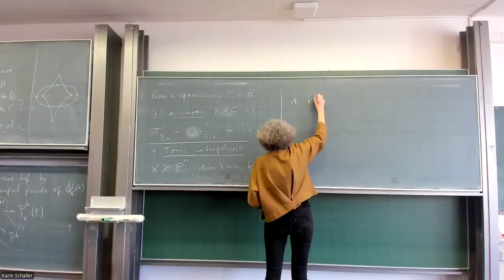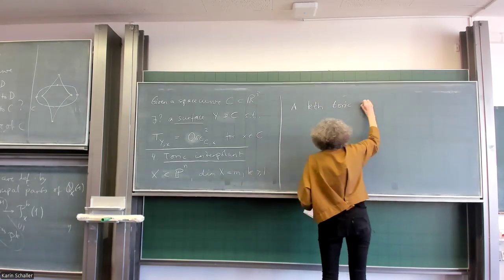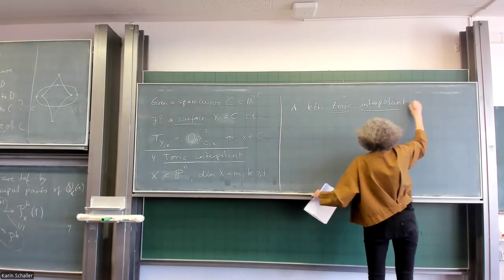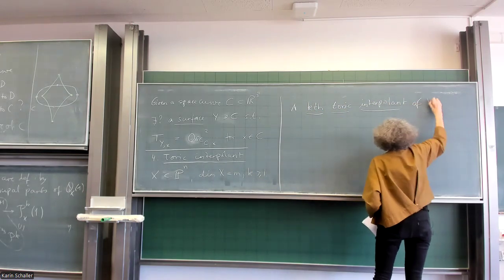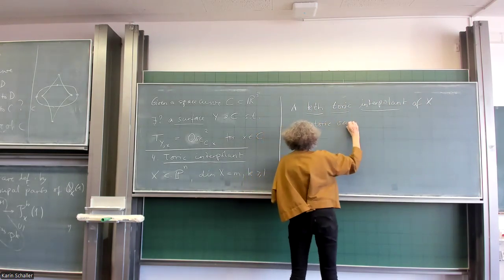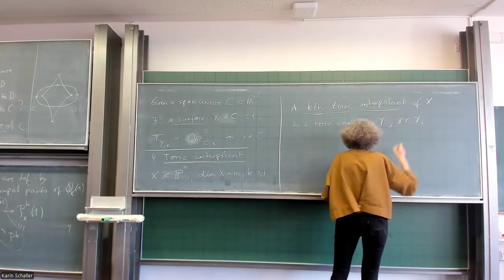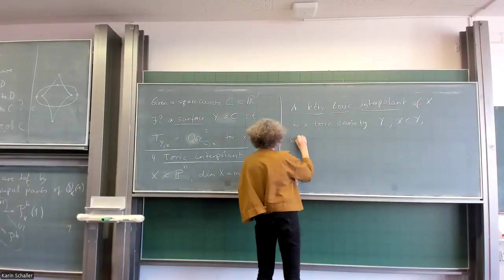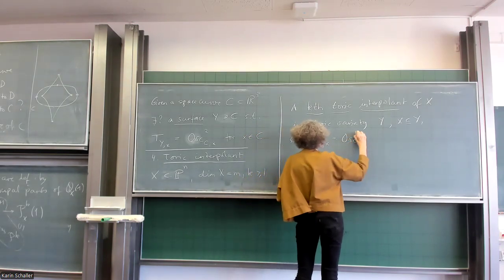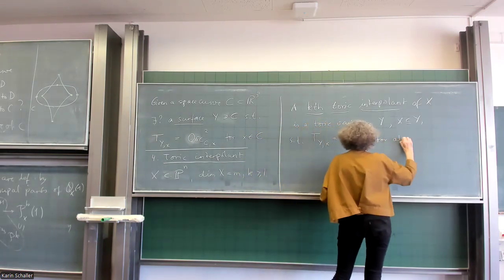I can now take K, and then we say that the K-th toric interpolant of X is a toric variety Y. X should be contained in Y, and such that the tangent space to Y at x is the K-th osculating space to X at x, for almost all x.